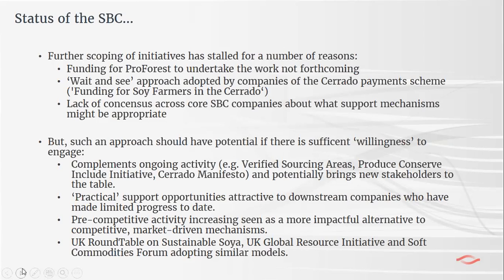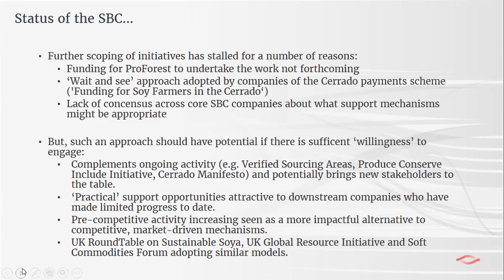And that led to some delay as well on building consensus about what might be supported. And ultimately as well, we also suffered from the problem that ProForest ran out of resource to conduct further analysis on initiatives to help companies make decisions.